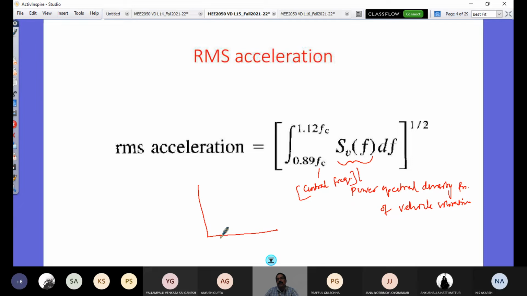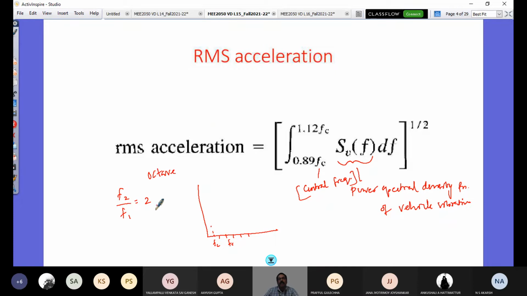Every band will have one central frequency, with a lower and upper limit. The ratio of upper frequency to lower frequency in a range equal to 2 is what is called an octave.